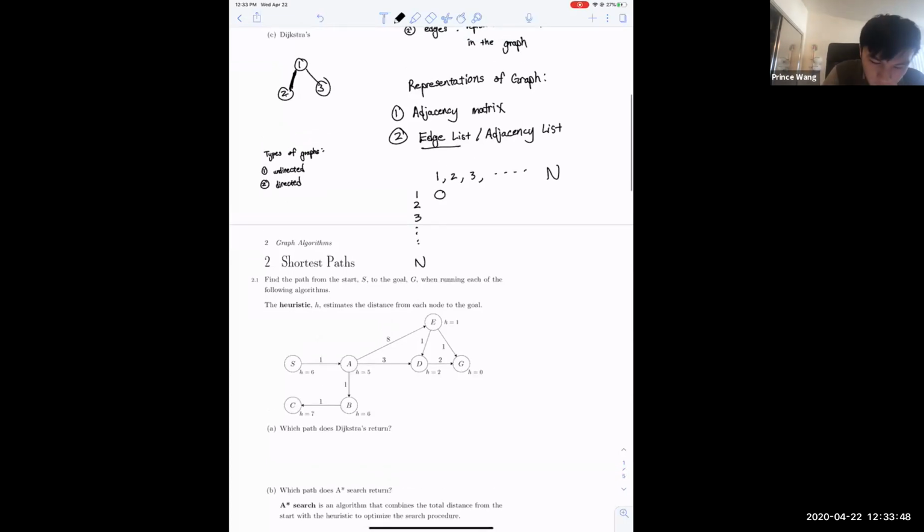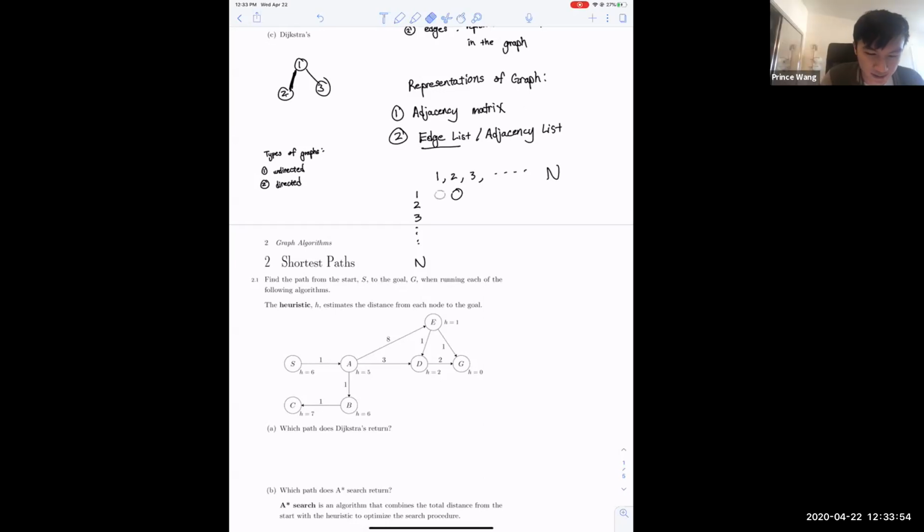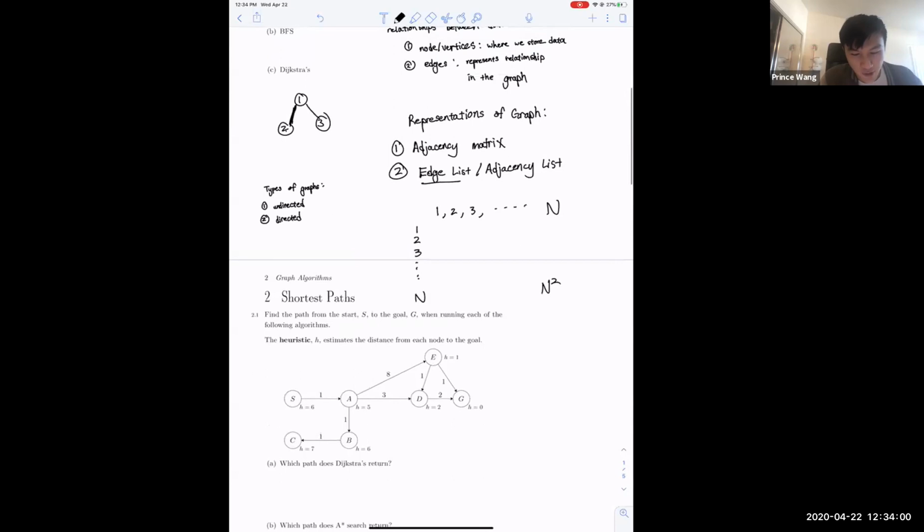So think about it. Do you have an answer? N squared? Yeah, you're going to need to write out n squared edges, right? So what's the downside of this? Since whether a possible edge exists or not, we're still writing it out, so we're still representing it as 0 or 1.